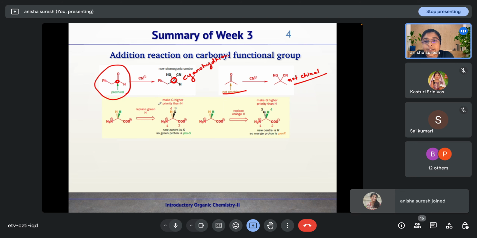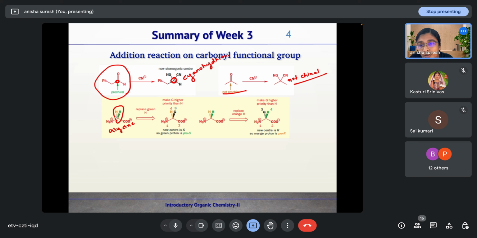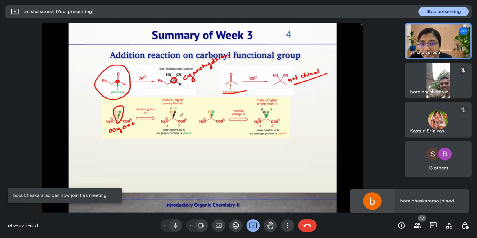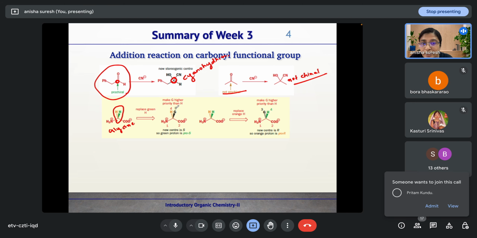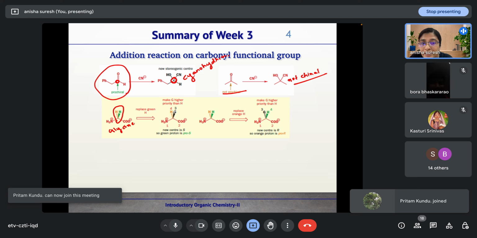Now when we consider this glycine molecule, glycine is having two hydrogens. So if we replace the green hydrogen with another functional group G, which is having a higher priority than hydrogen, we can label according to priority: NH3 plus will be 1, COO minus will be 2, G will be giving priority 3, and H will be giving priority 4.